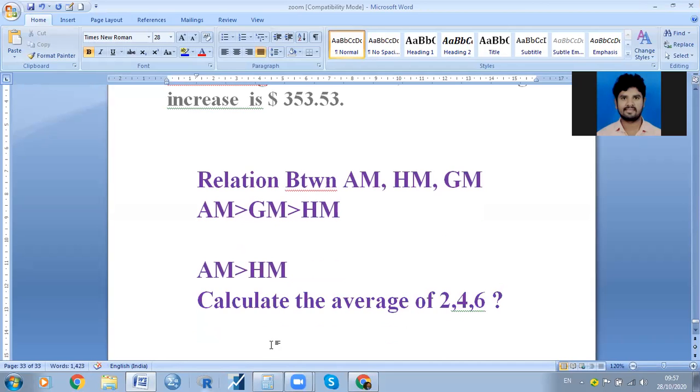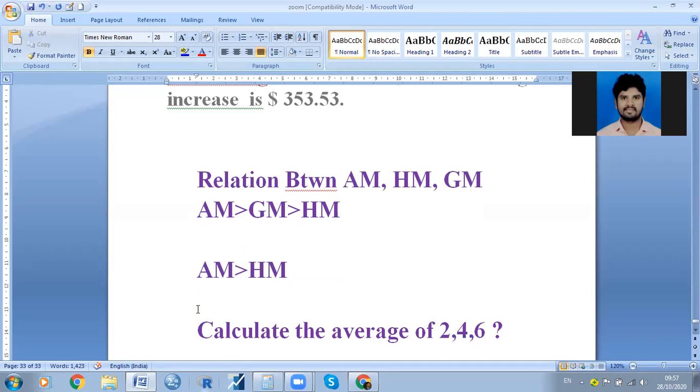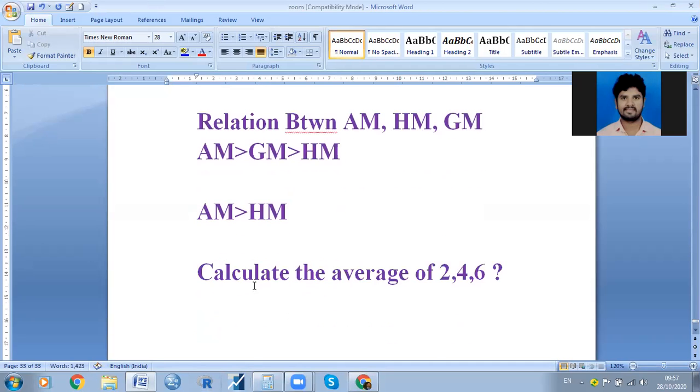Can anybody calculate these three? You may calculate the arithmetic mean, the geometric mean, and the harmonic mean. You will get the result: the arithmetic mean is greater than the geometric mean, and the geometric mean is greater than the harmonic mean. Is it clear now?